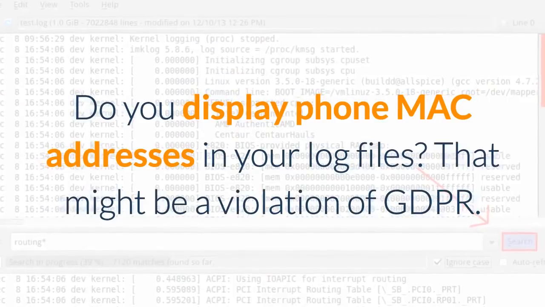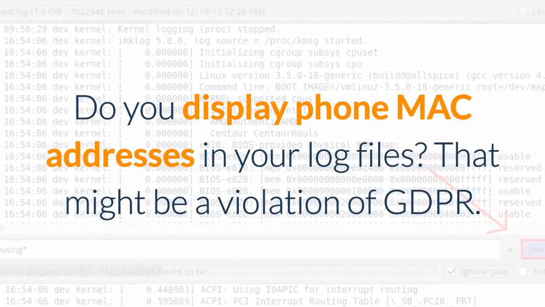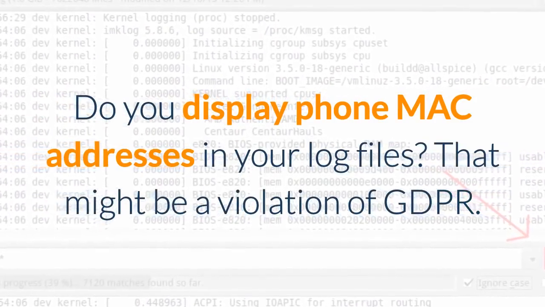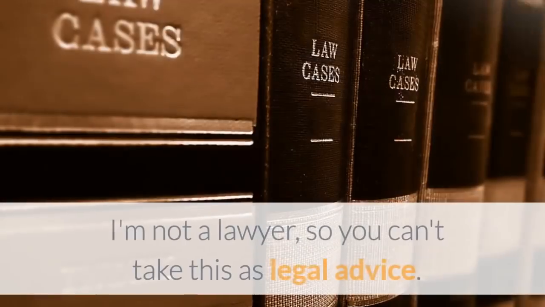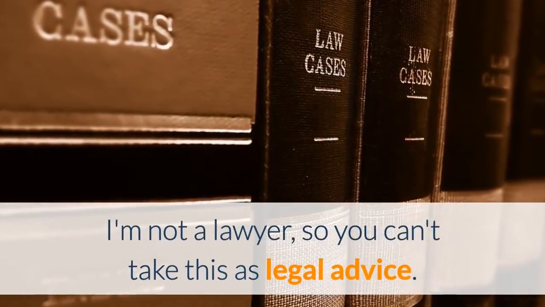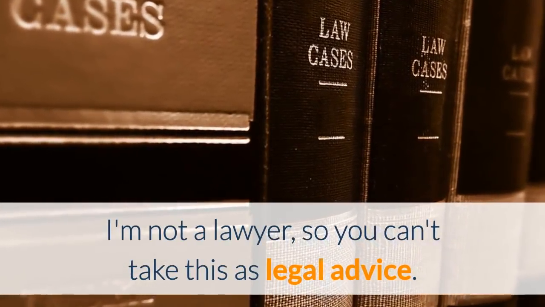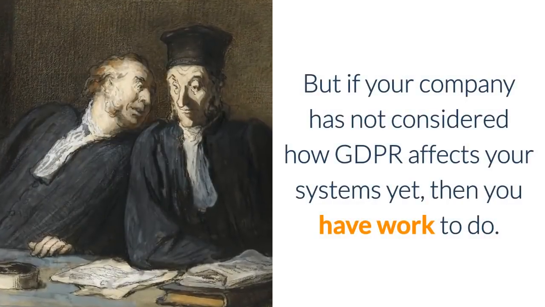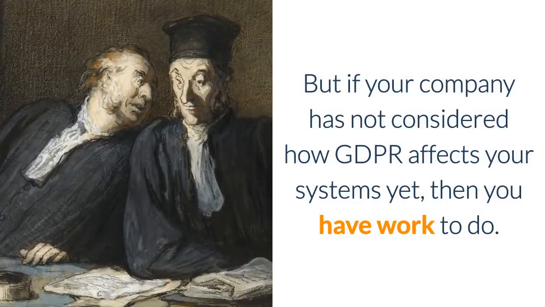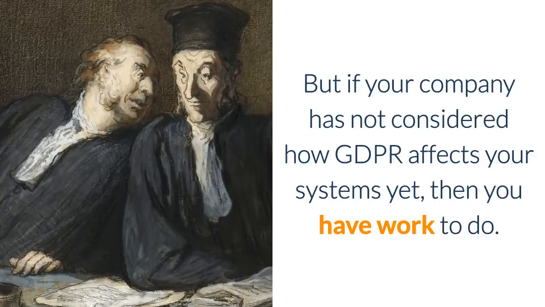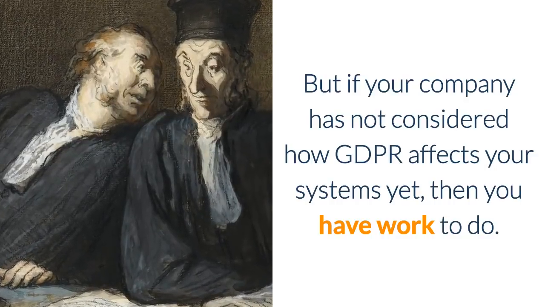Do you display phone MAC addresses in your log files? That might be a violation of GDPR. Now, I'm not a lawyer, so you can't take this presentation as legal advice. But if your company has not considered how GDPR affects your systems yet, then you have work to do.